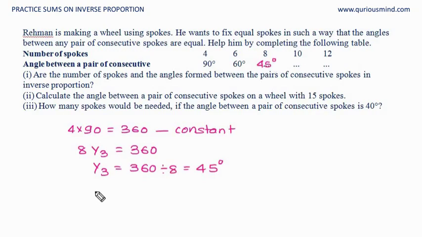In the same way, y4 will be 360 divided by 10, which will be 36 degrees, and y5 will be 360 divided by 12, and that would be 30 degrees.